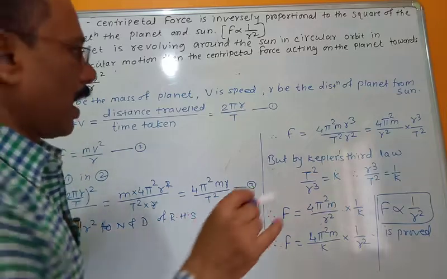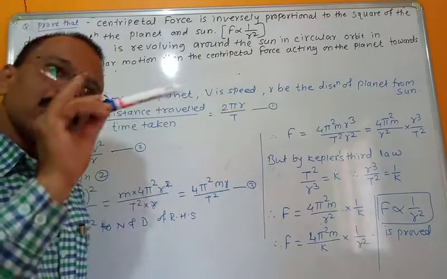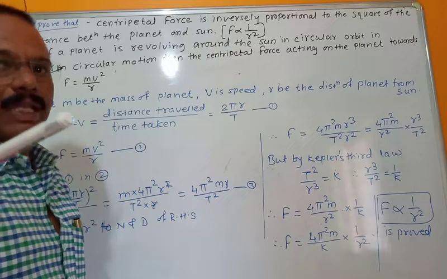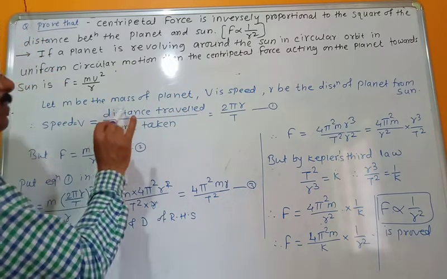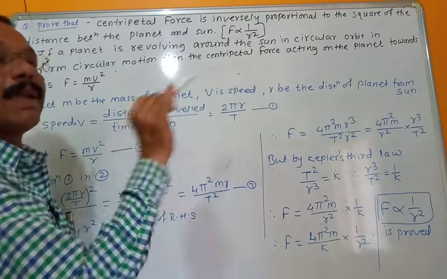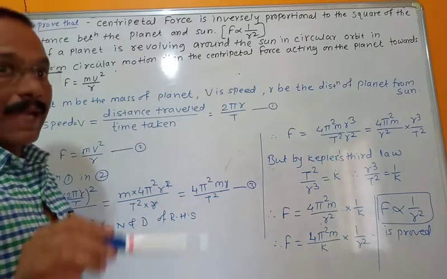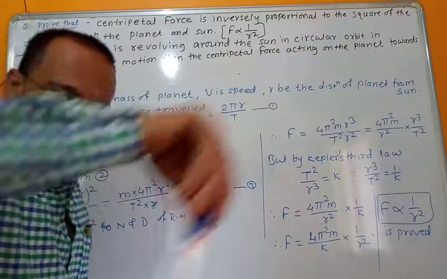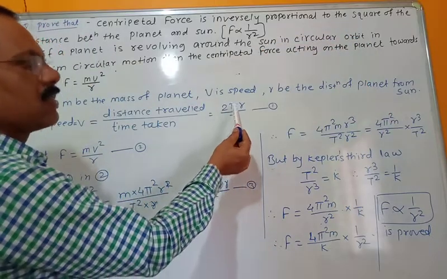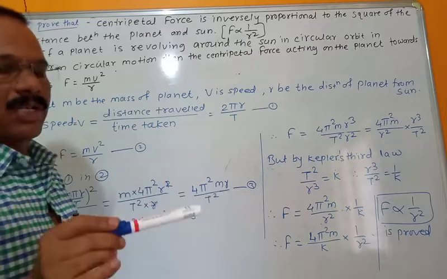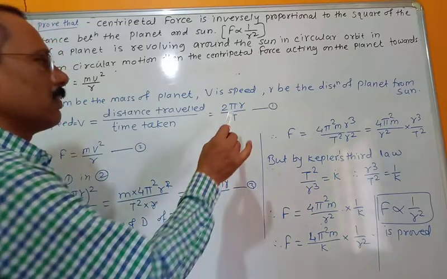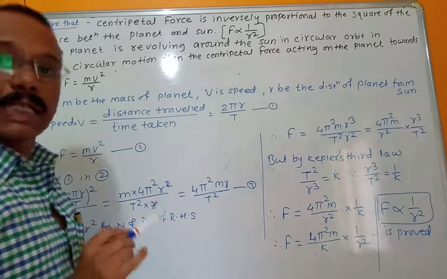Speed v is equal to distance traveled divided by time taken, and the distance traveled means the circumference, which is 2 pi r. You studied the circumference of a circle in the last standard. So v equals 2 pi r divided by t.